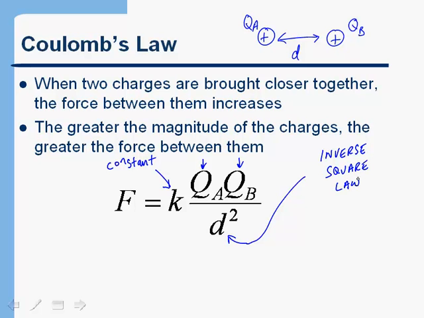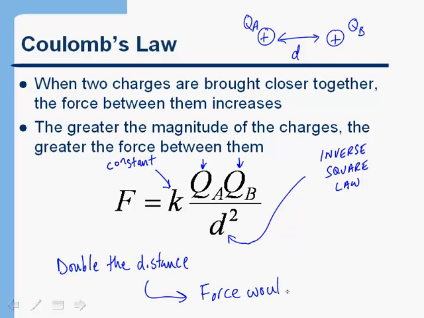Remember, anytime we have something that is proportional to 1 over the distance squared, we call that an inverse square law. So if we double the distance between two charges, then the force would be a fourth as much as it was.